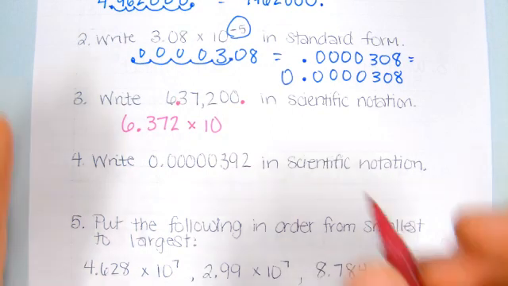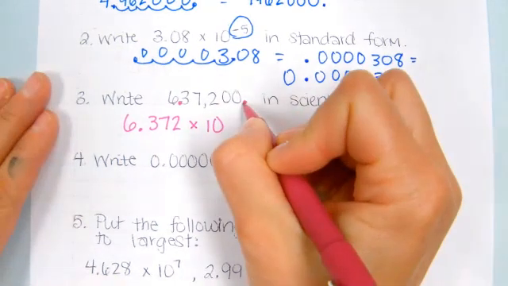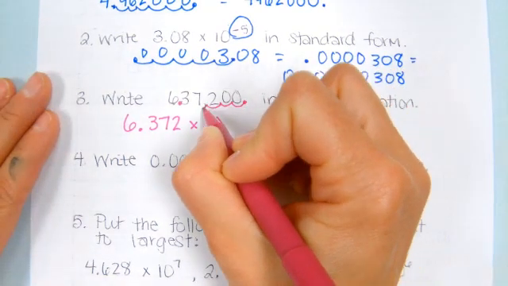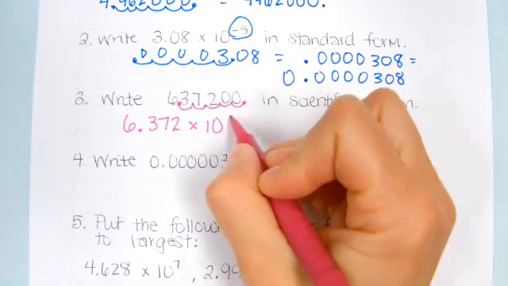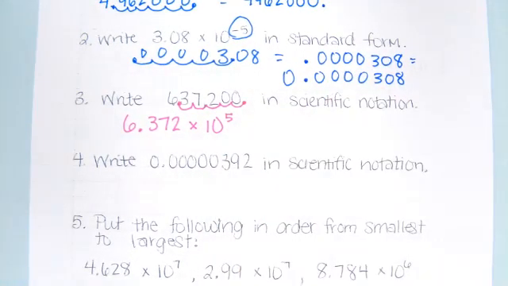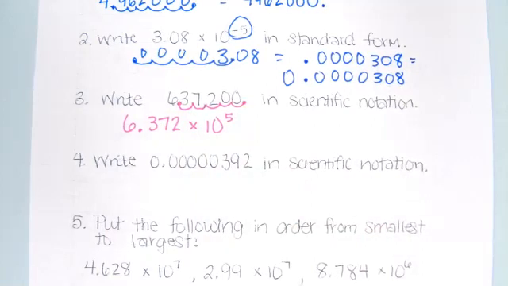Tina, what is it? It's not 3. Try again. John Ayers. It's 5. Here's why. 1, 2, 3, 4, 5 spaces from decimal to decimal. That's what we have to remember. So you're not counting zeros. You're not counting commas. You're counting how many numbers from this decimal to this decimal. That's how you get your exponent.